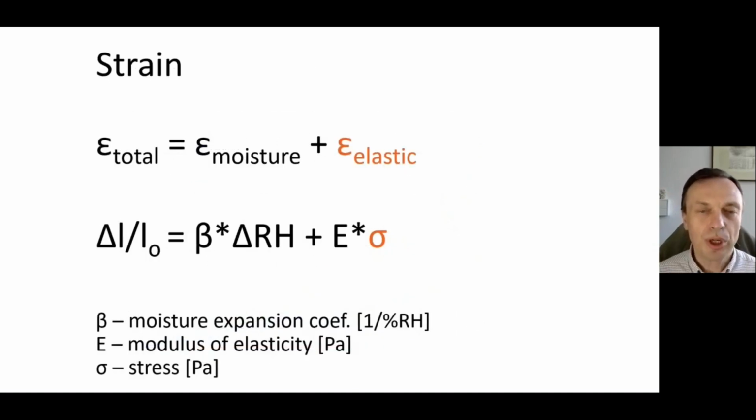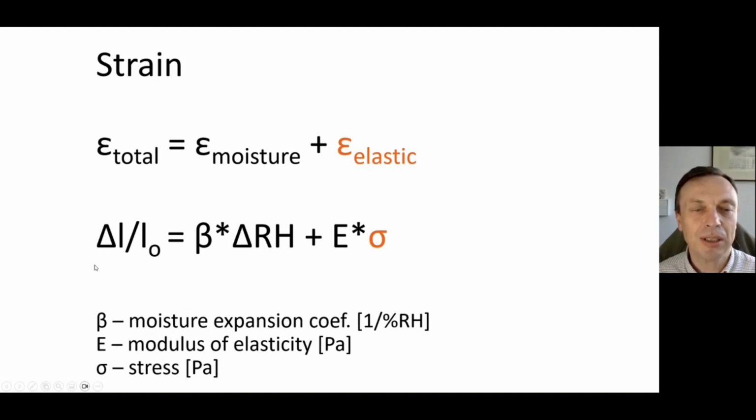So we know that wood responds to humidity variation by sorption and then by dimensional changes, and we call this relative dimensional change strain. The total strain is the change of the dimensions compared to the initial dimensions, and it equals the strain which is caused by the humidity variation, to which we need to add the strain which is caused by forces.